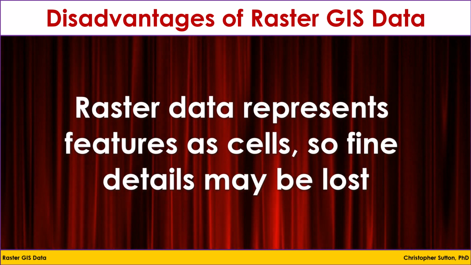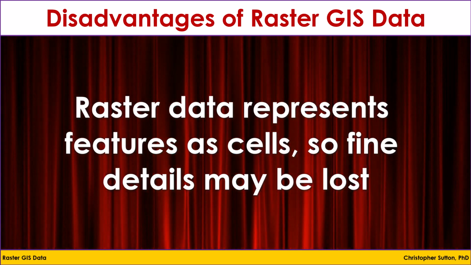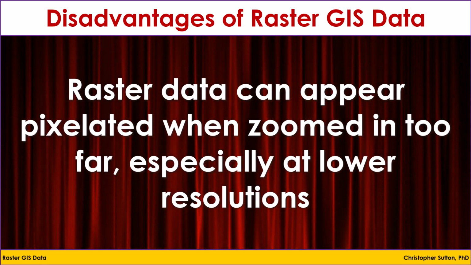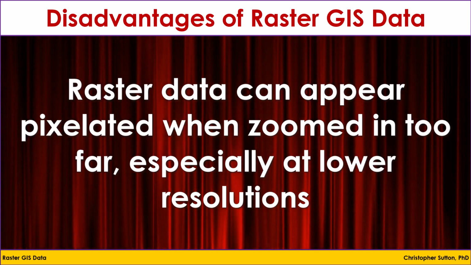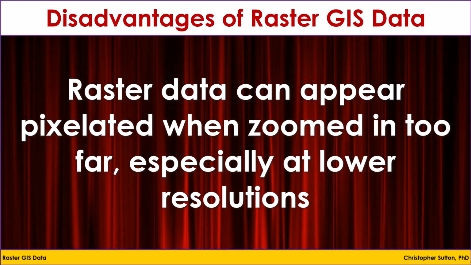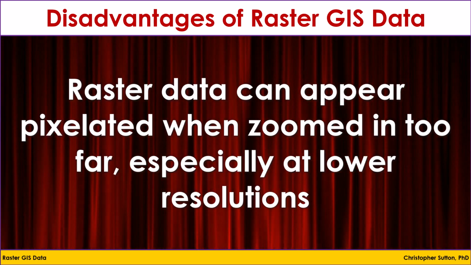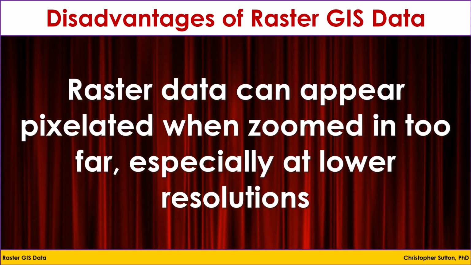Because raster data represents features as cells, fine details may be lost, reducing the accuracy of the data. As we saw in the examples of the hillshades in Colorado, raster data can appear pixelated or blocky when zoomed in too far, especially at lower resolutions. This limits its use for applications requiring detailed visualization.